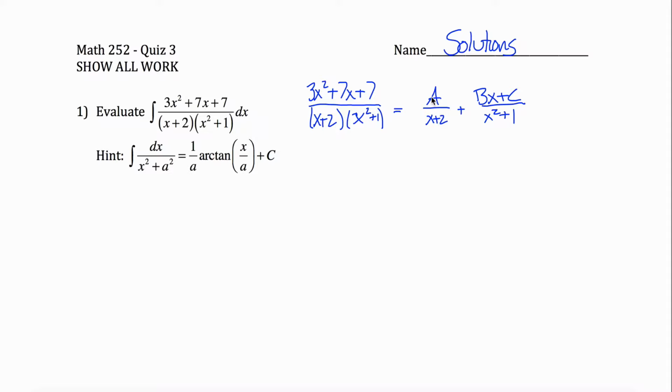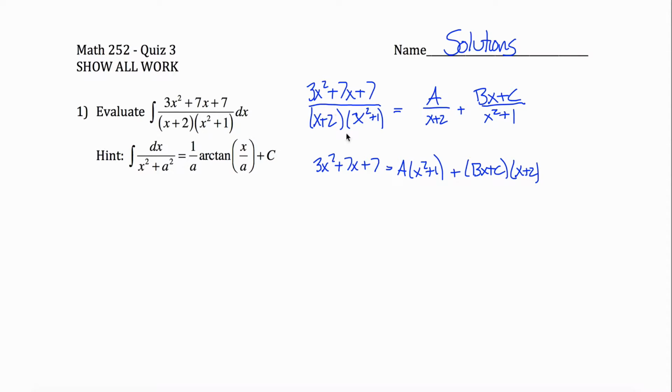So what I want to solve for is values of A, B, and C that make this equation true. The way I can solve for those is I can clear the denominator. Multiply both sides of the equation by x plus 2 times x squared plus 1. That leaves me with 3x squared plus 7x plus 7 equals A times (x squared plus 1) plus (Bx plus C) times (x plus 2).